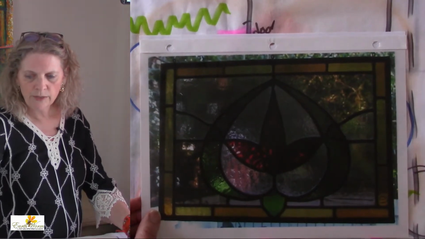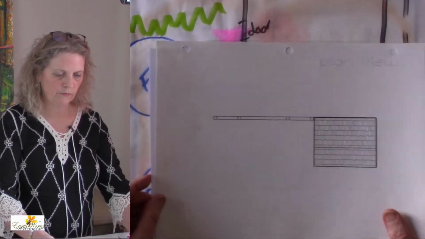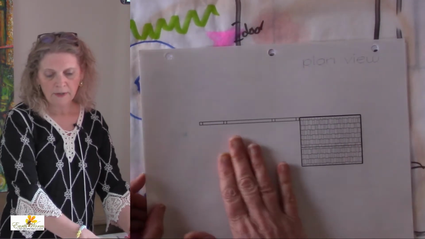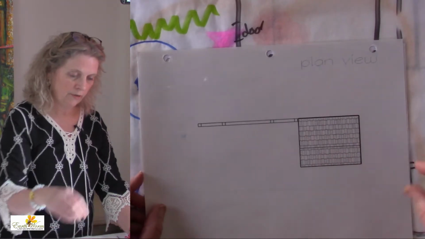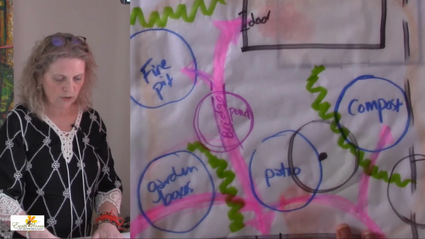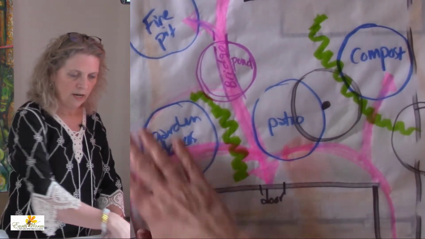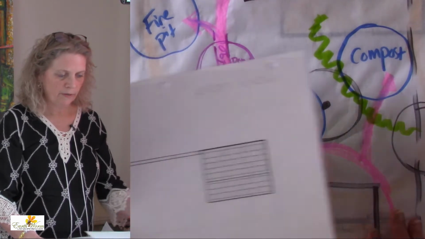And for this part, we're going to start to look at the landscape from another point of view. So far it's been with plan view, which is looking down on it from above. So all of these things that we did, like the garage and the house and all this traffic flow, is definitely looking at it from above.